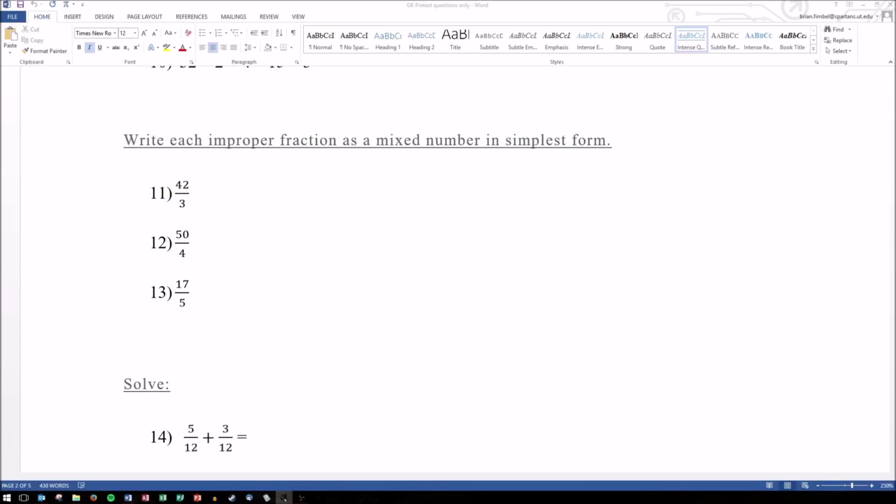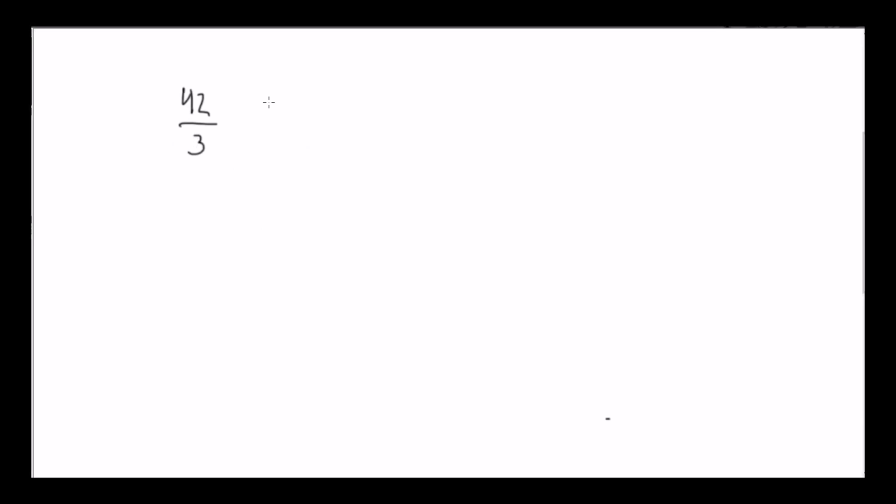And next we move on to number 11, which is write each improper fraction as a mixed number in simplest form, and we have 42 over 3. Let's switch back over this time without making that mistake. And we're just going to figure these out.